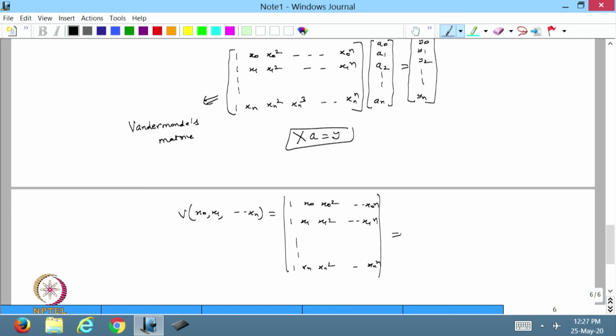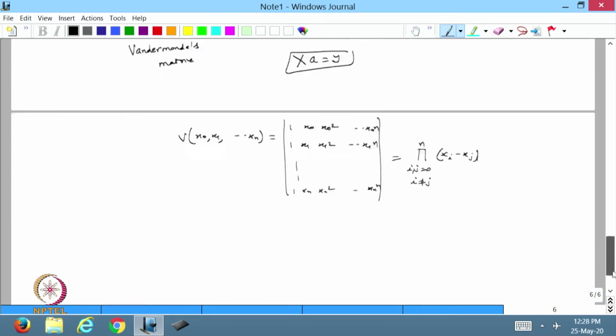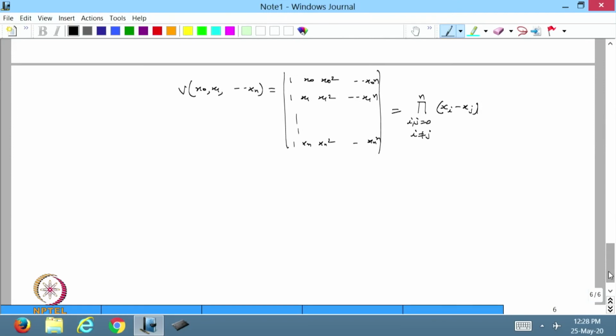If you do the calculation, this will be equal to the product of all (xi minus xj), where i and j run from 0 to n and i is not equal to j. So that is my determinant in this case.